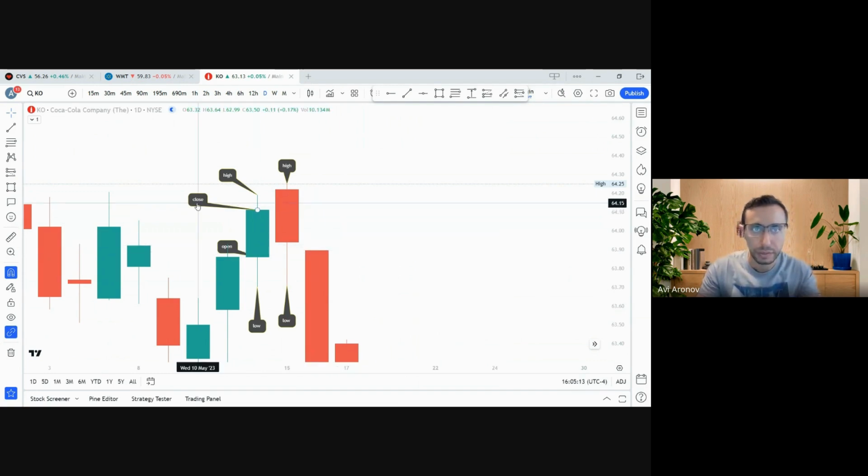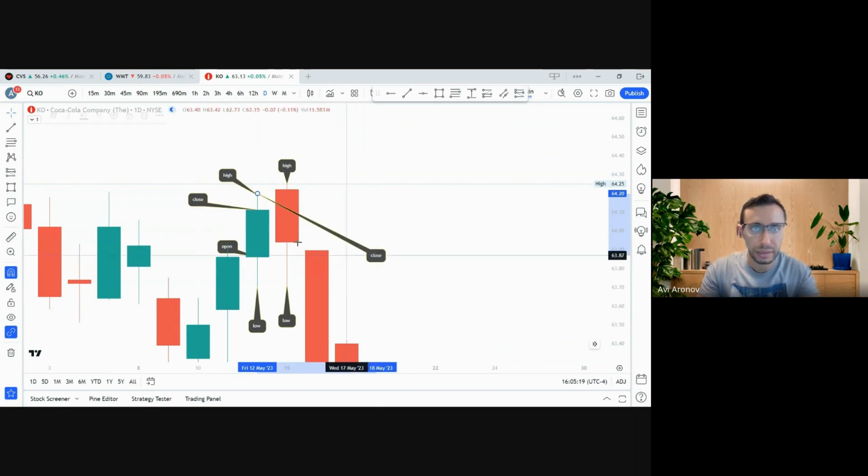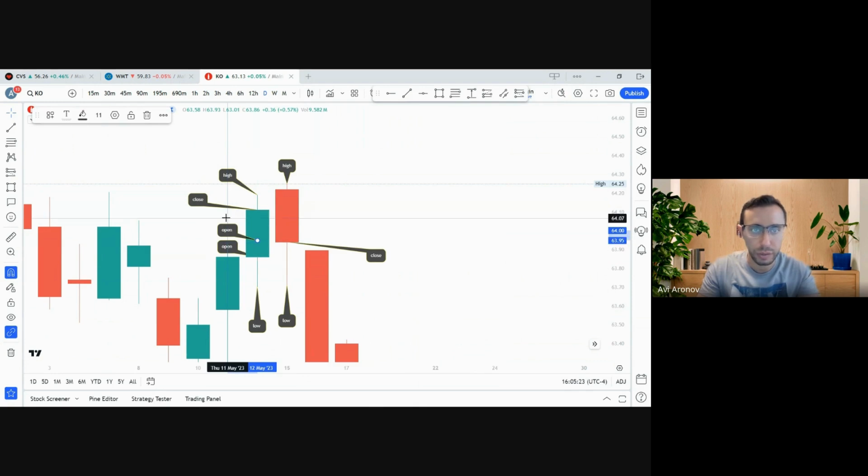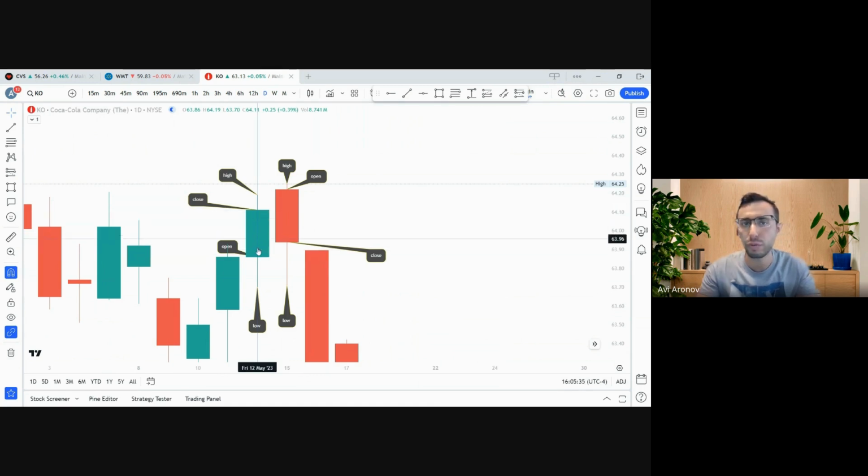Okay, but what happened here, as you probably just heard me saying, this is the close on the bottom and the open on the top. So you will have this basically reversed. This body is the price range that it's moved during that day.